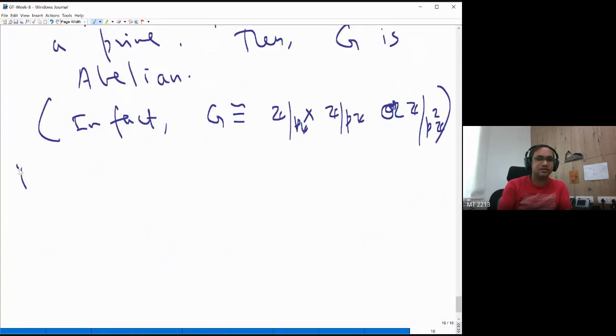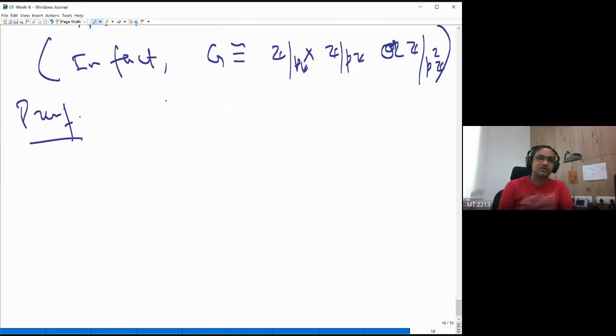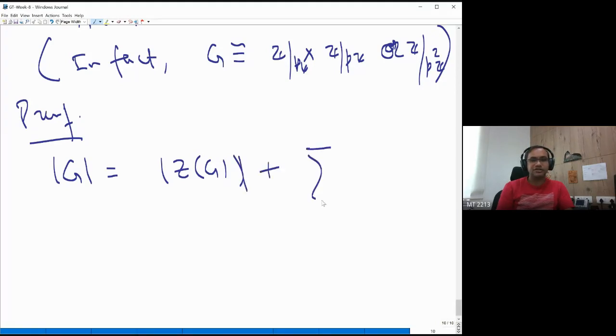So the application follows simply from applying the class equation which we derived just now. I will apply the class equation for this group. The class equation says order of G equals order of the center of G plus the summation over order of G by order of centralizer of A in G, with A non-central.